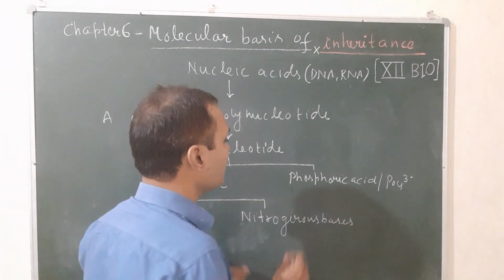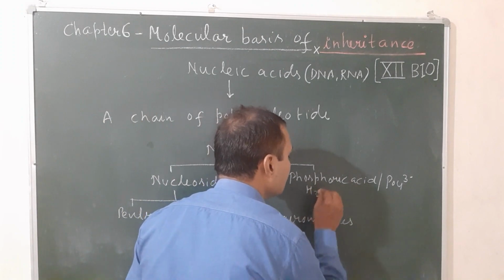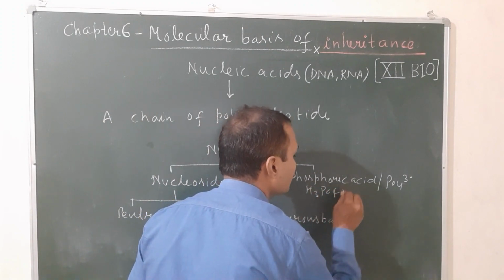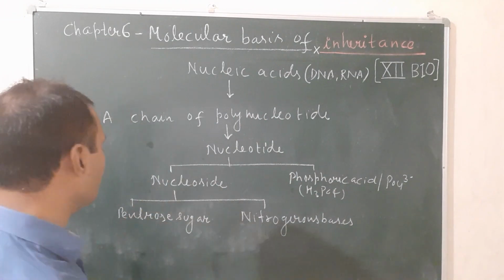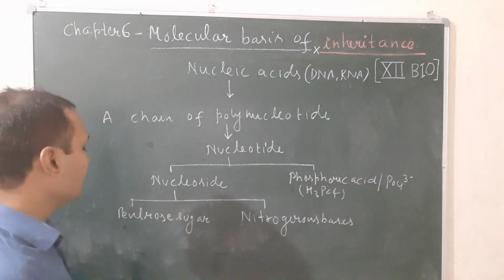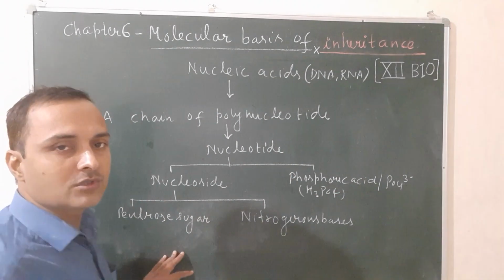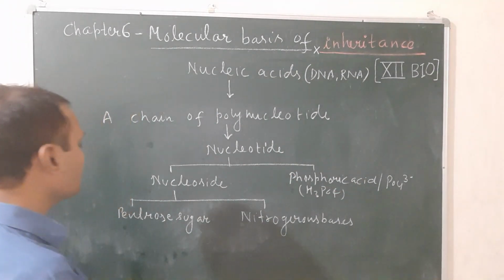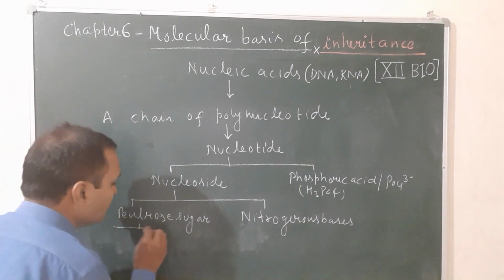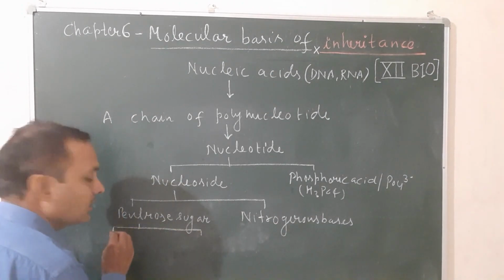The chemical formula of phosphoric acid is H3PO4. Each nucleoside consists of two parts, pentose sugar and nitrogenous base. Pentose sugar is how many carbon? C5, 5 carbon. And there are two types of pentose sugar, the ribose sugar and deoxyribose sugar.